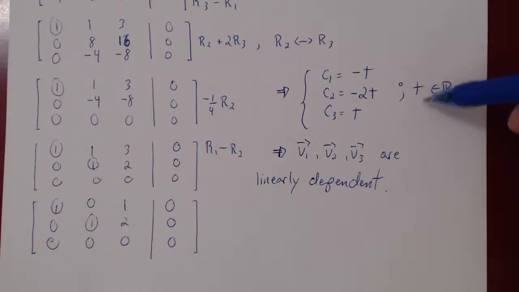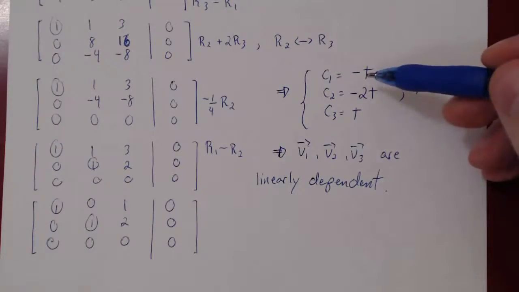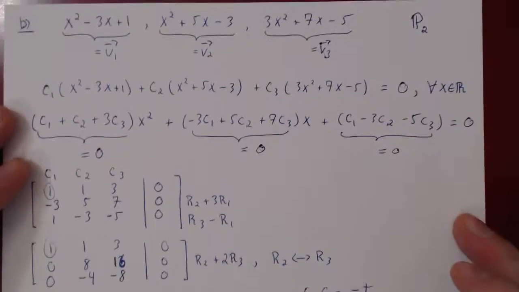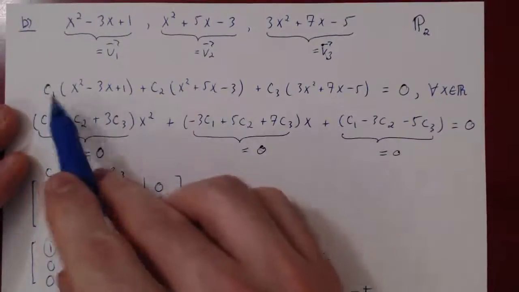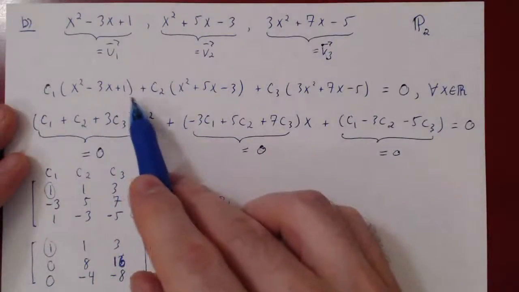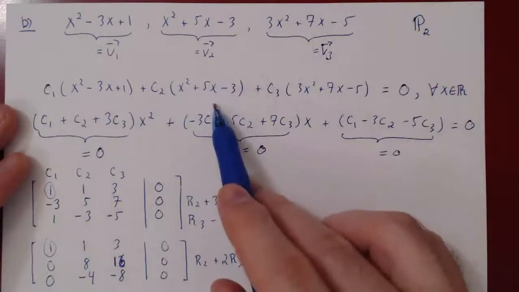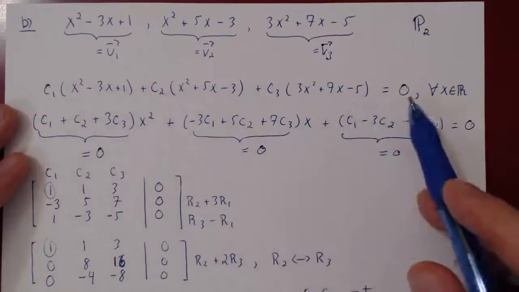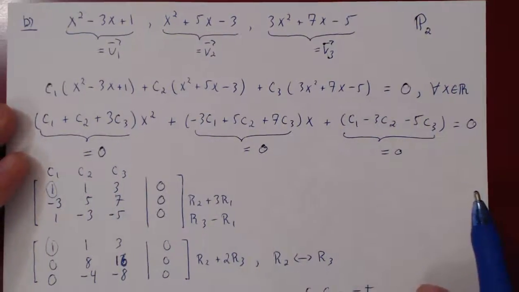Say you take t to be negative 1, then you will have the solution 1, 2, negative 1. And so if you would do 1 times v1 plus 2 times v2 minus v3, you can check, you will arrive at the zero polynomial.